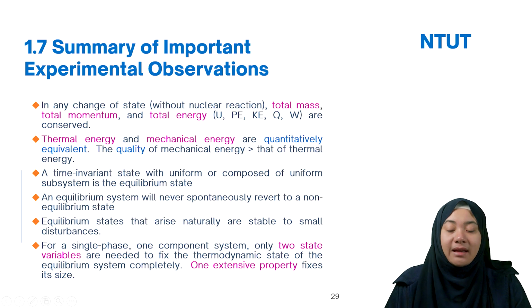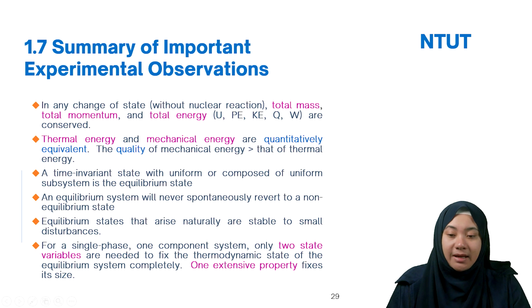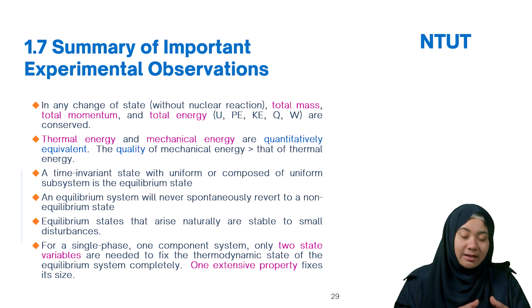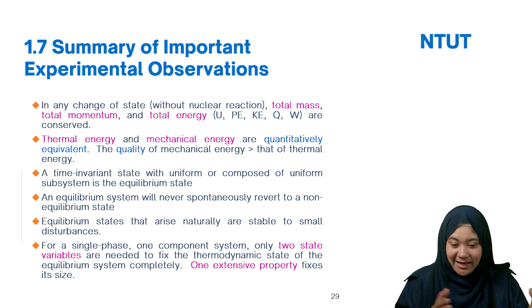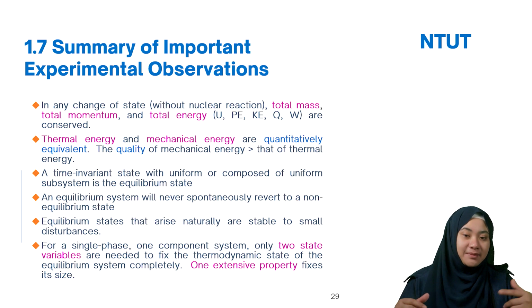Yeah, and then thermal energy and mechanical energy are actually quantitatively equivalent, but the quality of mechanical energy is higher than that of thermal energy. So it is easier to convert work than to convert heat. Why? For example, take a system in a cylinder, like the steam engine previously.